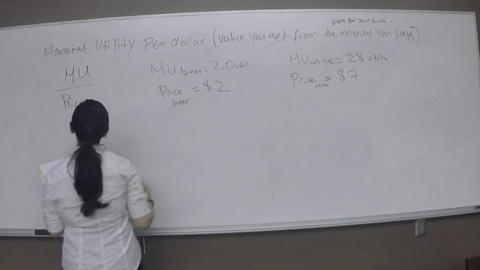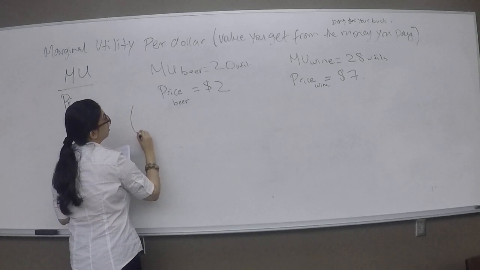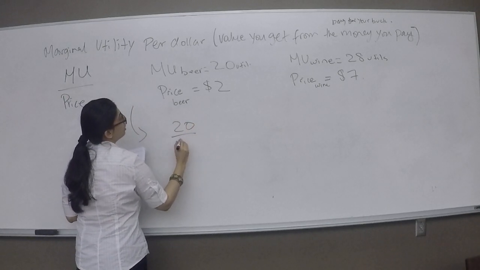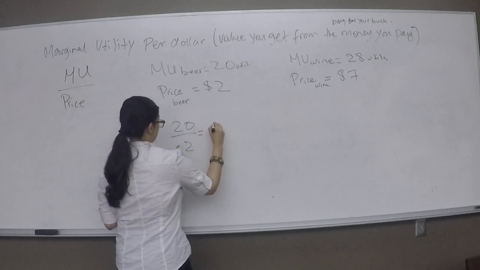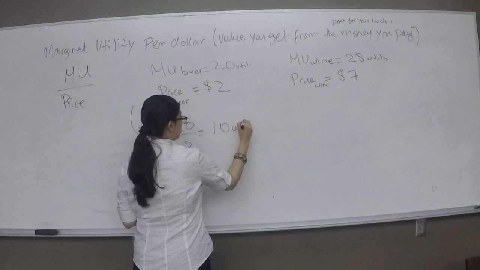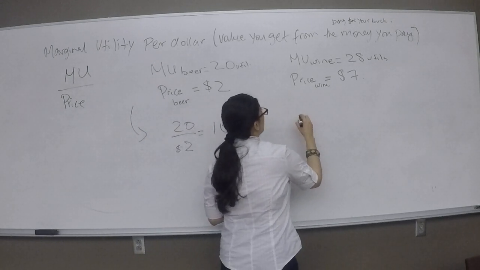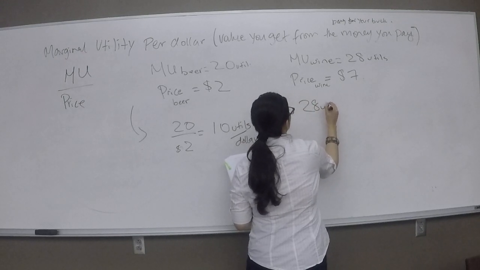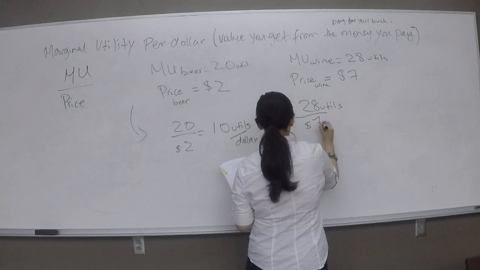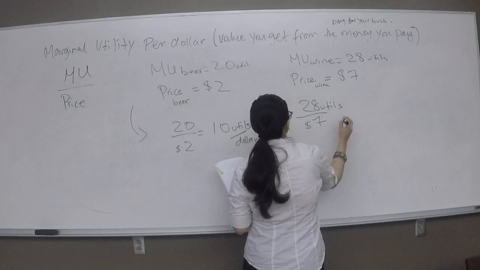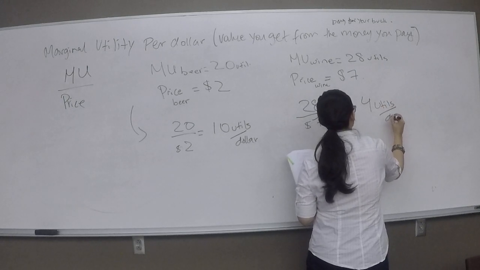Calculate the marginal utility per dollar for both of these. So for beer, it's going to be 20 euros divided by $2. 10 euros per dollar. For wine, it's going to be 28 euros divided by $7. It's going to be 4 euros per dollar.